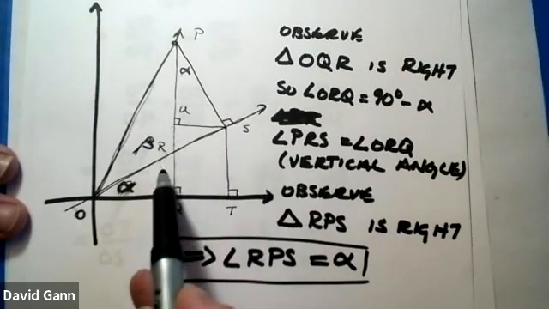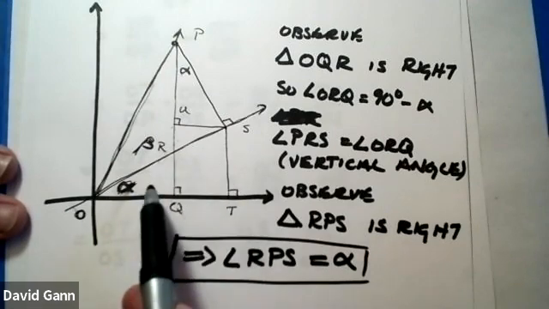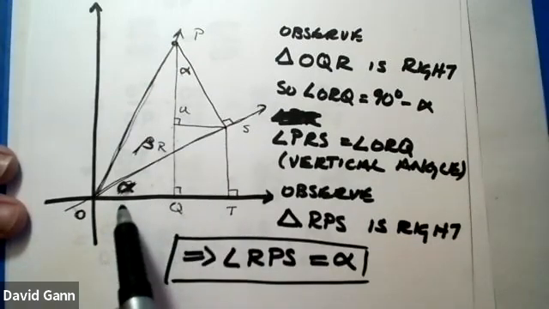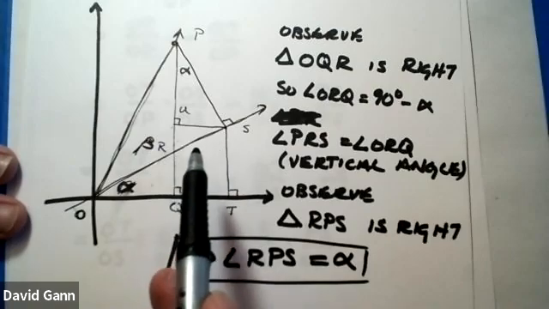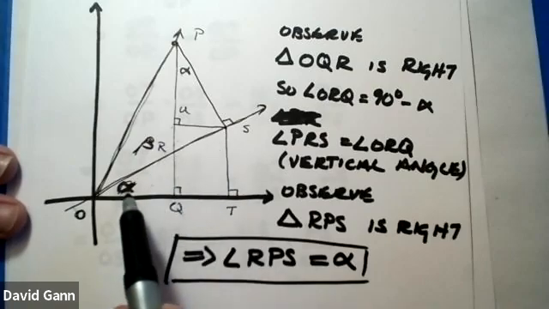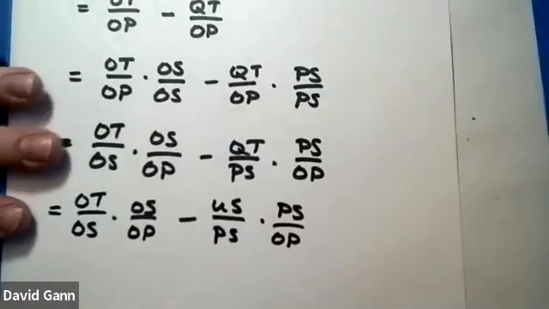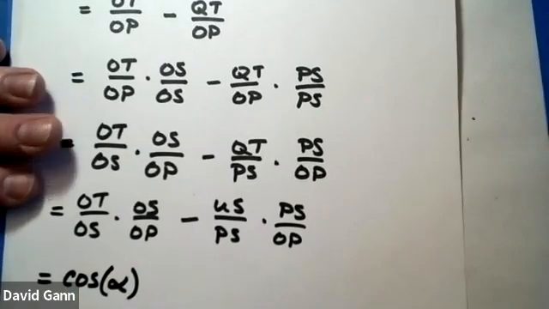Notice OS is the hypotenuse of a right triangle whose acute angle is alpha, and OT is the adjacent side. So OT over OS is equal to the cosine of alpha. So I'll go ahead and write that in. So this is cosine of alpha.